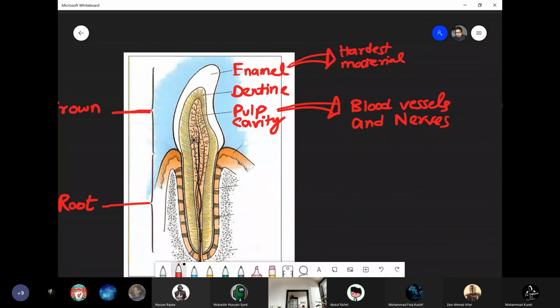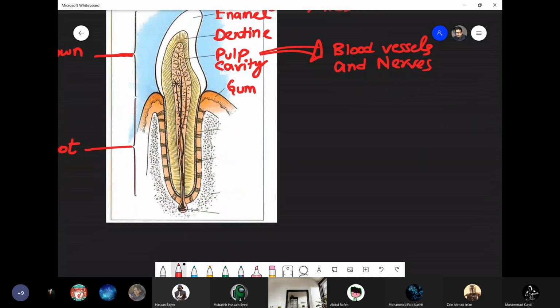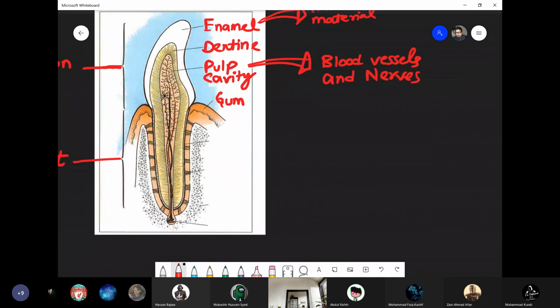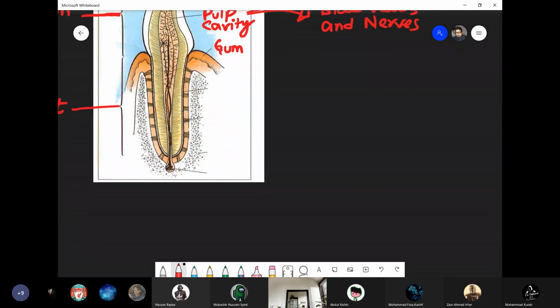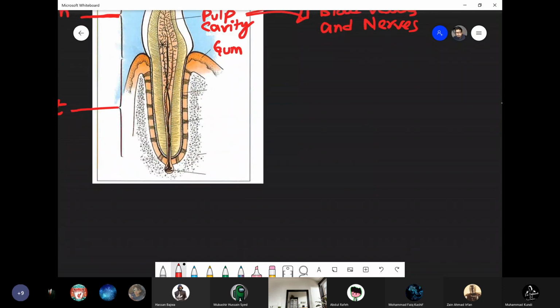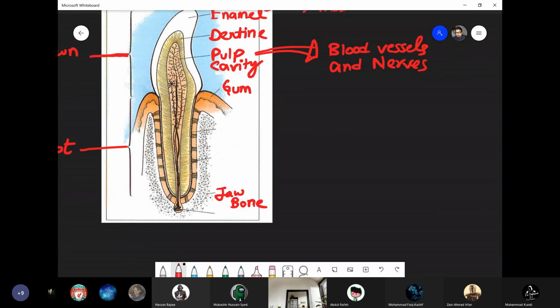Then, boys, over here, this is the gum. The jaw has a covering of tissues which is called gum. Next, boys, let me show you that this is the jawbone. You can see that this tooth is fixed in the jawbone.